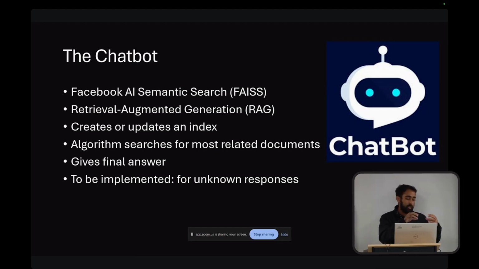The FAISS algorithm looks through the whole library, and if I'm talking about World War II, it looks for all documents related to World War II and finds the closest match. It takes that document to provide the answer. That is how a chatbot finds the answer.